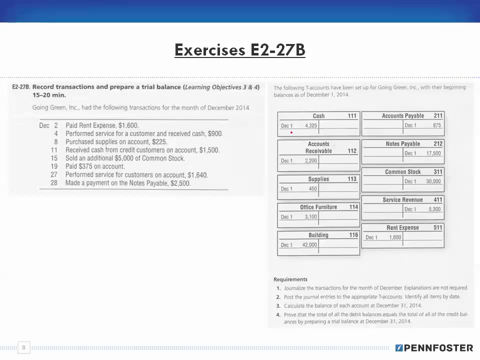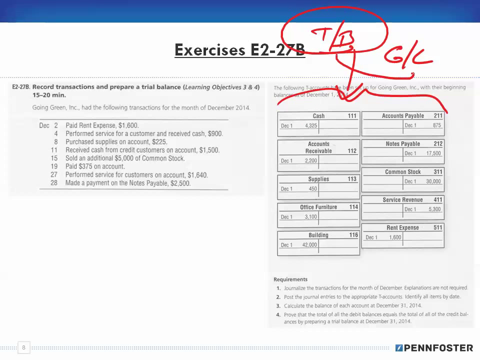In the graded project, you're going to be given beginning balances on a trial balance, and you're going to have to set up your general ledger accounts. In other words, you're going to have to put your balances in those accounts, creating the general ledger account and showing the beginning balances, which is what you have here.